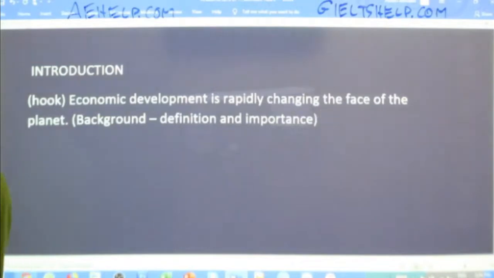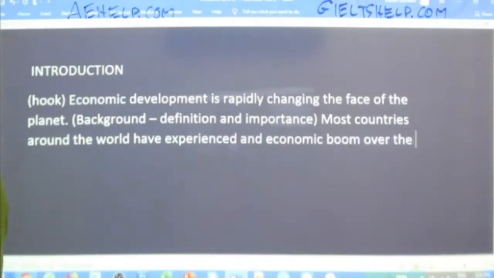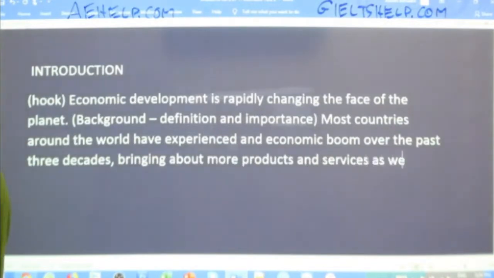All right, so most countries around the world have experienced an economic boom over the past 3 decades, bringing about more products and services, as well as greater consumption.